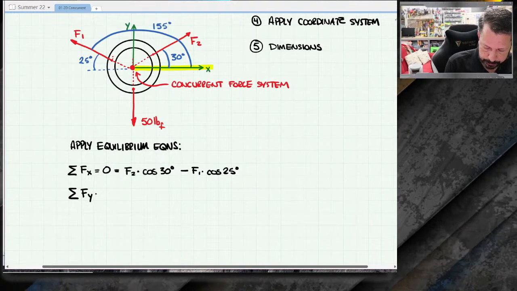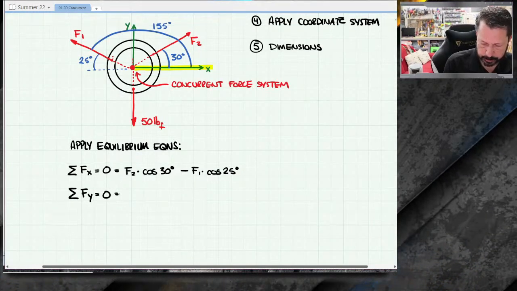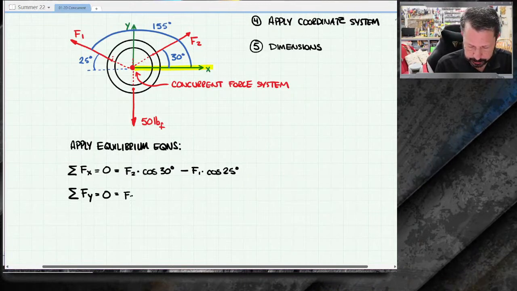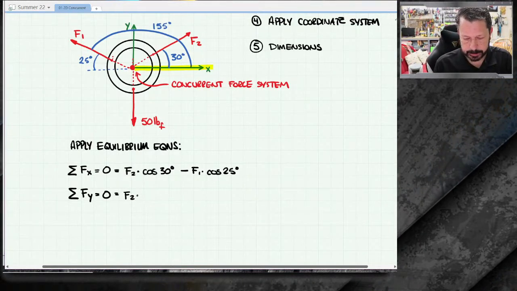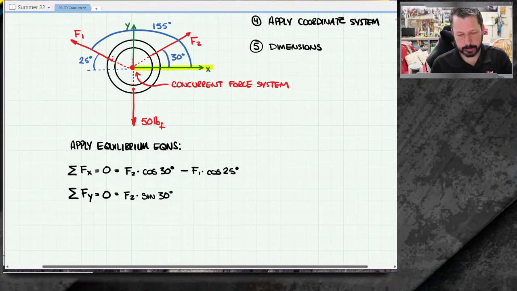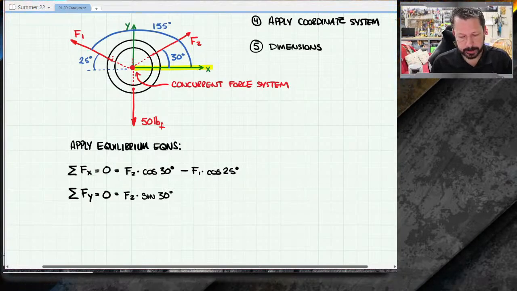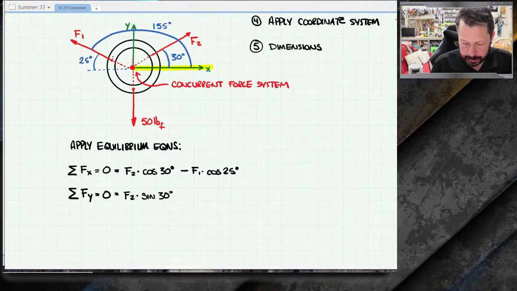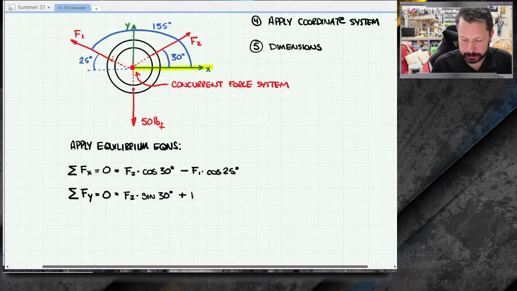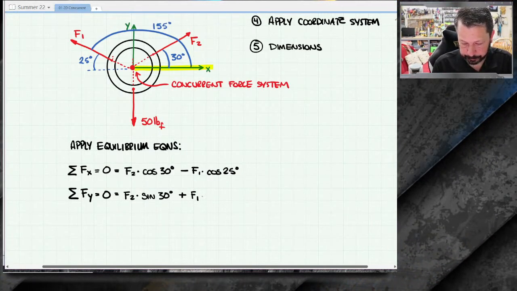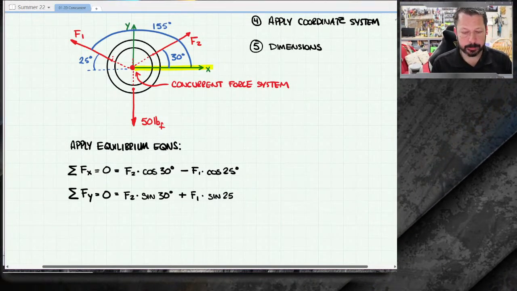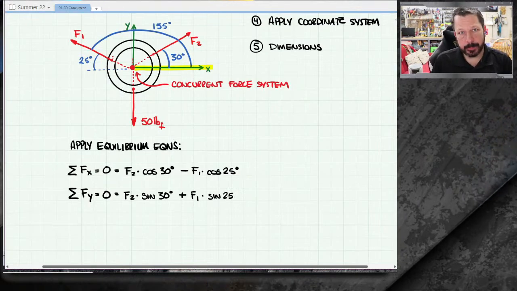Summation of forces in the y direction equals 0. I'm going to put them in the same order. So F2 times the sine of 30 degrees. It's pointing upwards, so that should have a positive sign. F1 is pointing upwards. Again, I'm manually controlling the plus and minuses the way I'm doing it. Sine of 25. Now in this one, the sine of 155 is a positive number.